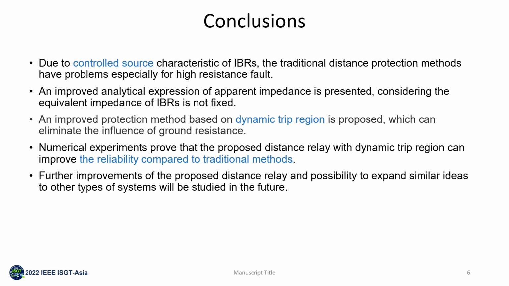The main contribution is an improved protection method based on dynamic trip region, which can eliminate the influence of the ground resistance. Numerical experiments proved that the proposed distance relay with dynamic trip region can improve the reliability compared to traditional methods. Further improvement of the proposed distance relay and the possibility to expand similar ideas to other types of systems will be studied in the future.